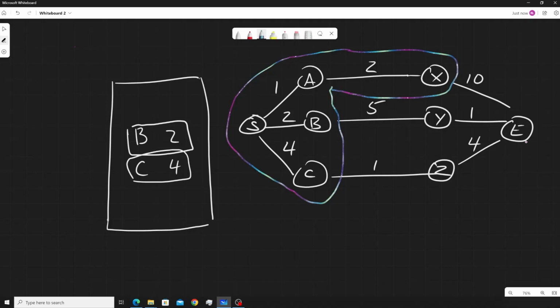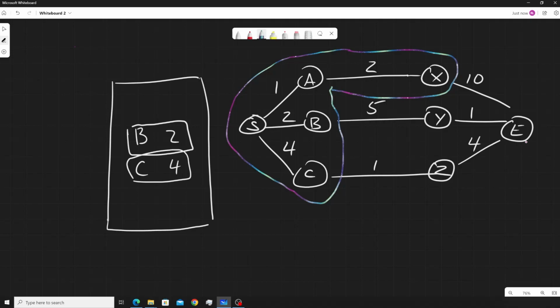Next, we expand the topmost element, which in this case is B and 2. So essentially, we're saying that going further down here is expensive. Maybe this one will get me to my final destination faster. So I'm going to expand down that one.